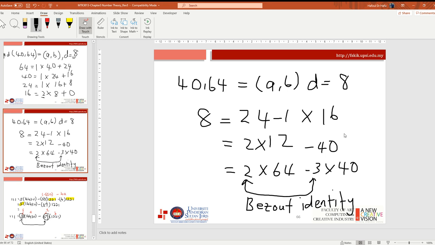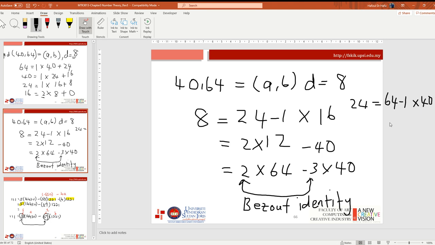Okay, macam mana dapat ni? Kita tengok 24 sama dengan 64 tolak 1. Okay.